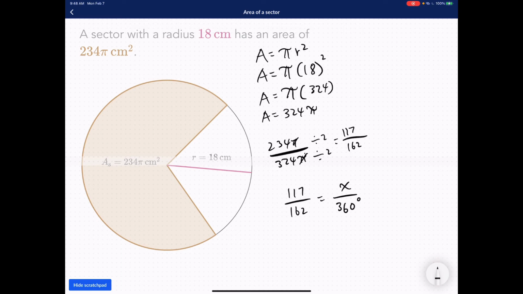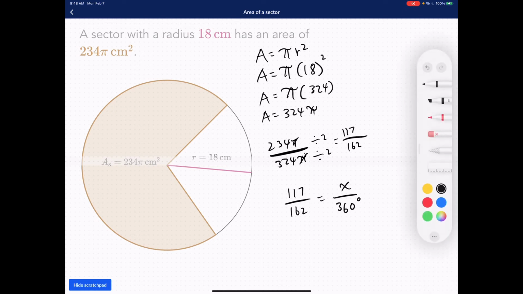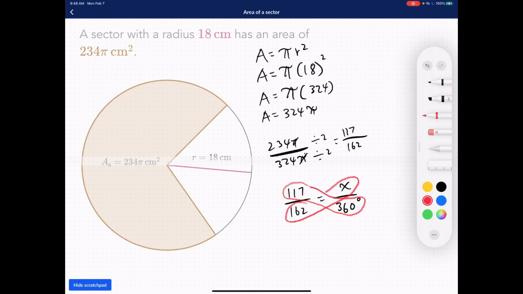So what section is that, right? If the entire circle is 360 and it's represented by 162, then what is the part that says 117 in terms of degrees? So what we're going to do is set up a proportion.